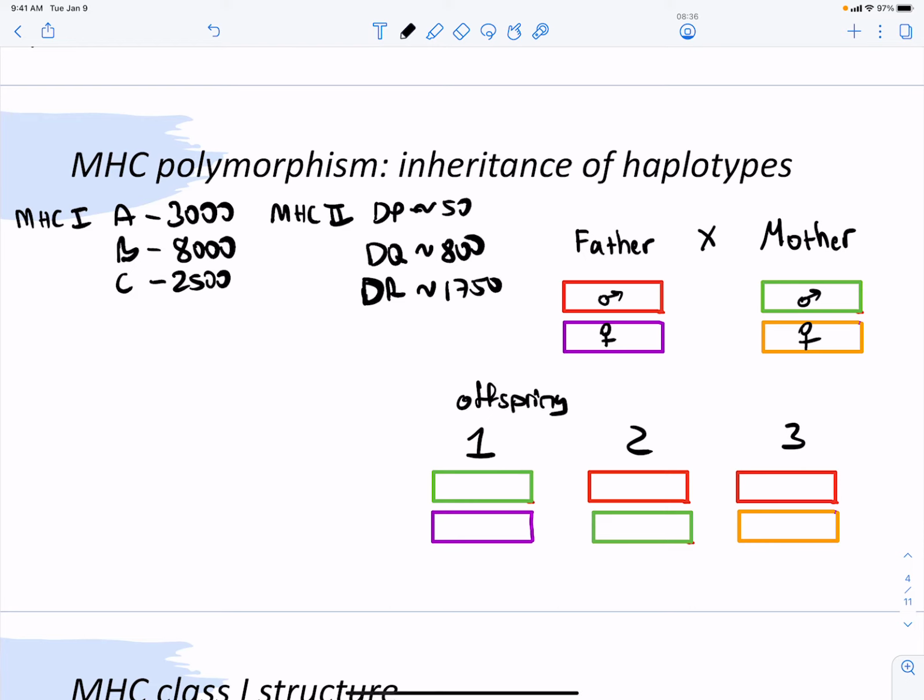And so, of course, our MHC Class 1s are more diverse than our MHC Class 2s, but they still have a lot of diversity within the MHC loci. Now here I'm showing a father by a mother. The father got red MHC loci from his paternal side and purple from his mother.